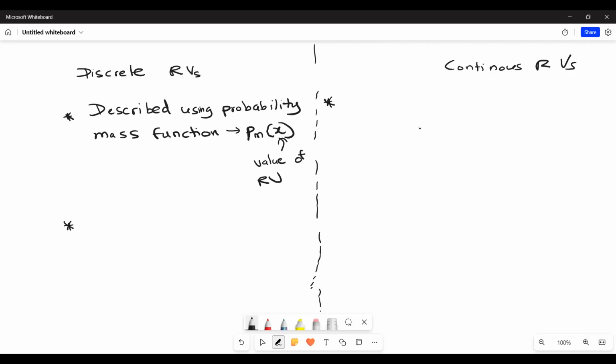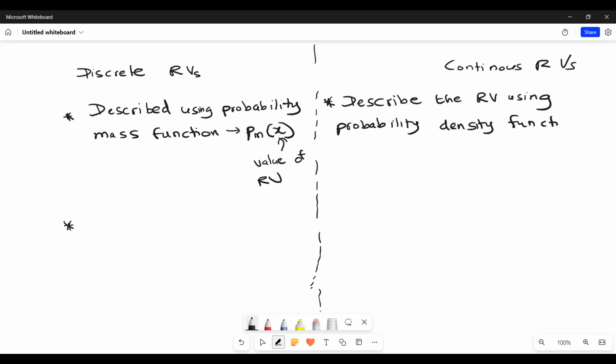In contrast, we describe the continuous random variables using the probability density function.